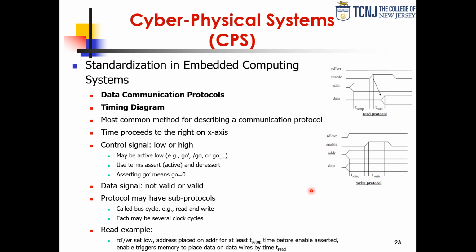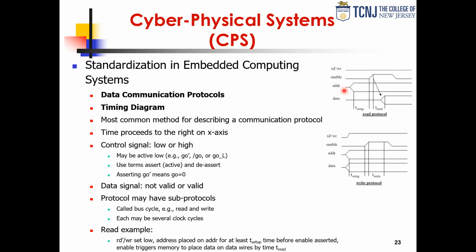So how would we read this? We see that the entity that asserts the address is the processor. In this case, that would be considered the master or the client. It asserts the address. Then, in this protocol, there is an implication, an assumption of timing.